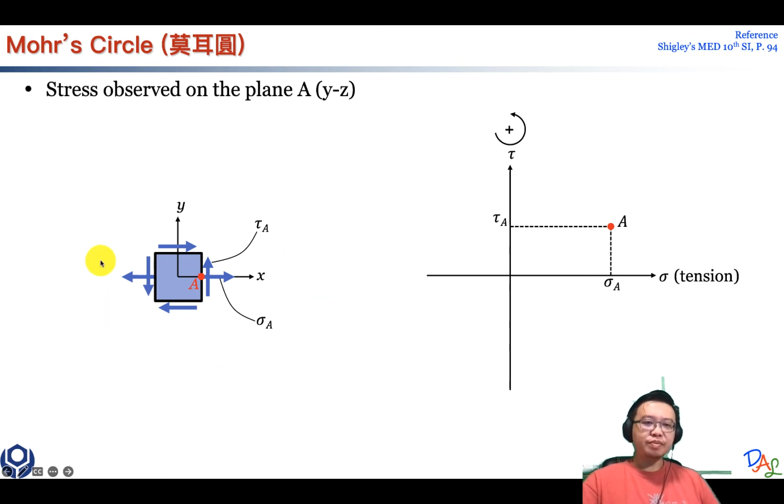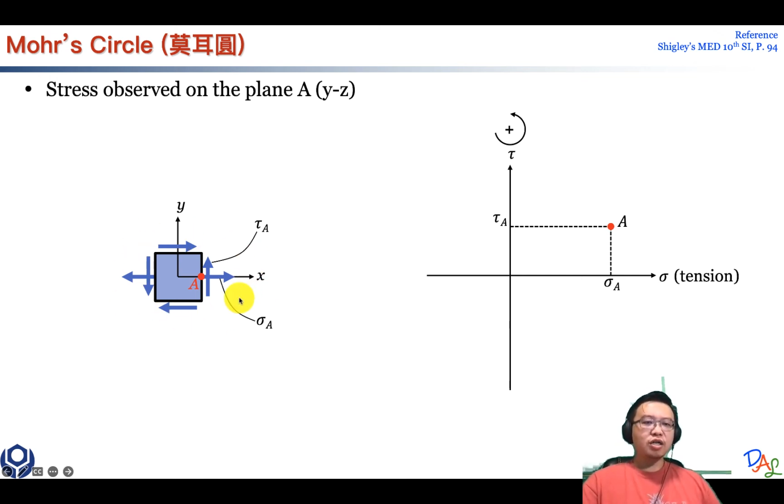Here's a general configuration that you get from the earlier slide, and let's say you already know the magnitudes of sigma A and tau A. The reason I specify A is because in this Mohr circle we are going to analyze this material at many different directions and positions, and A is one position that we are observing along this current coordinate system.